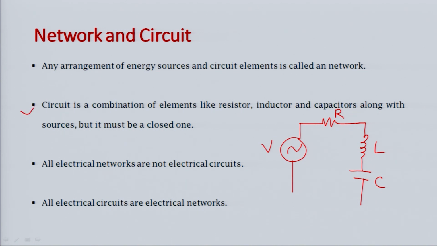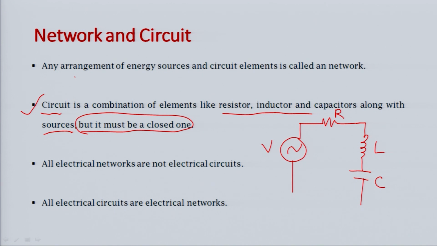Now the second definition, for the circuit, is a combination of elements, like an electrical circuit element, we have taken resistor, inductor and capacitor, along with the sources. Basically it is an electrical source, but it must be a closed one. This is the necessary condition for the circuit, right. So this is the basic difference between network and circuit. A network could be an open circuit or a closed circuit, but a circuit must be a closed one.